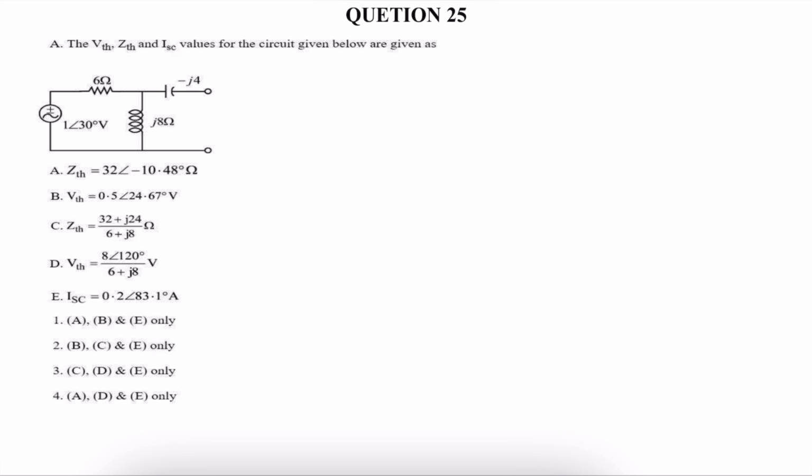Find VTH, Thevenin's voltage, Thevenin's impedance, and short circuit current for the circuit given below.